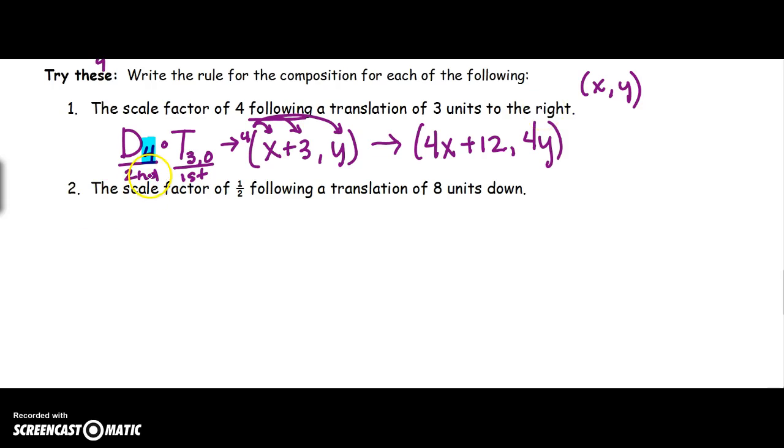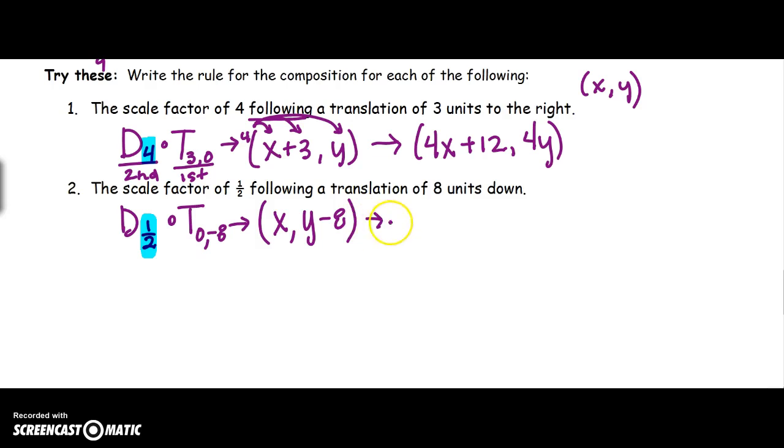So let's try number 2. It says the scale factor of 1/2 following a translation of 8 units down. Again, we do our translation first. So you have x, we're not moving it left or right, we're just going to move it 8 units down. Then we take this dilation and multiply it by 1/2.